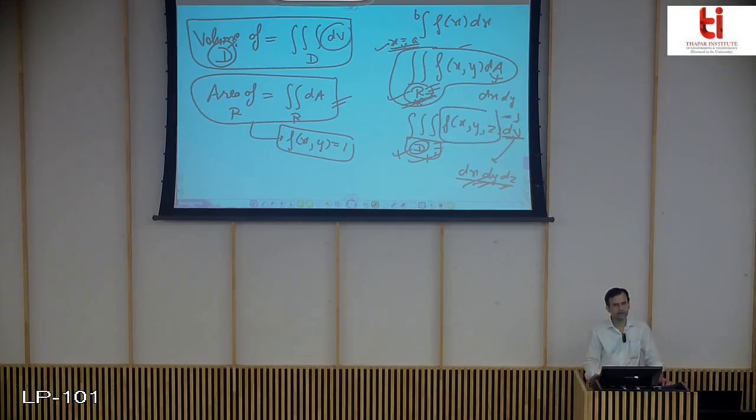So by solving this integral you get the volume of domain D. This is the reason we do the triple integral: we can also find the volume of region D, which is in three-dimensional space.